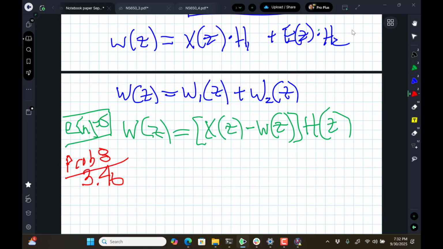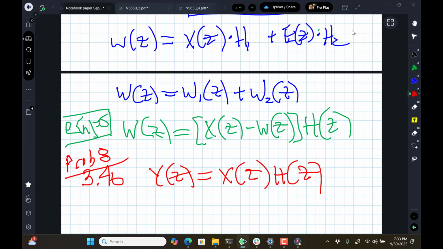346 though, you have to very much be a detective in this problem. It gives you an input, a two-sided input, then it says find the z transform of x of z. So how would you even find x of z? Well, just remember that y of z is x of z times h of z.